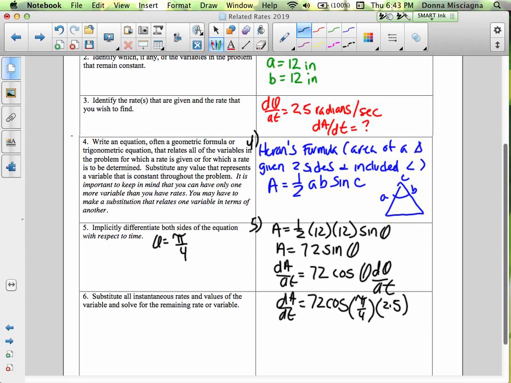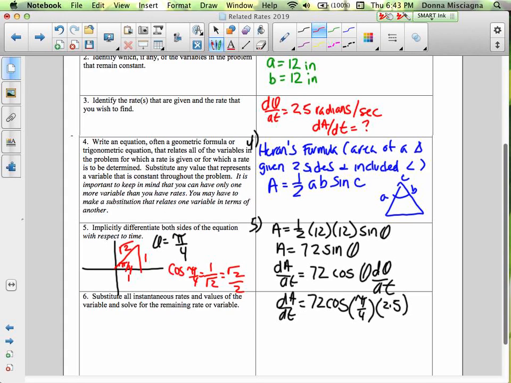Let's evaluate cosine. Pi over 4 is literally splitting that box in half. This is a 45-45-90 triangle, or pi over 4, pi over 4, pi over 2. Opposite is 1, adjacent is 1, hypotenuse is the square root of 2. Cosine is adjacent over hypotenuse, so cosine pi over 4 would be 1 over the square root of 2, or when we rationalize it, square root of 2 over 2.